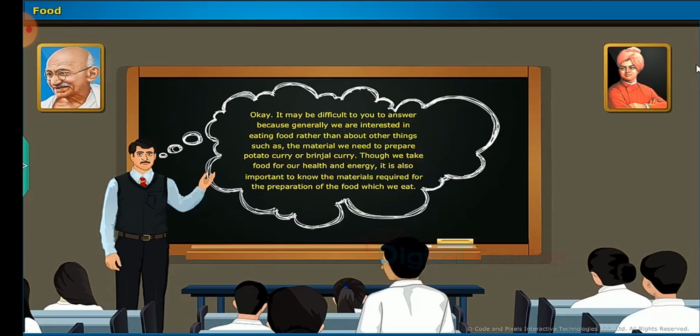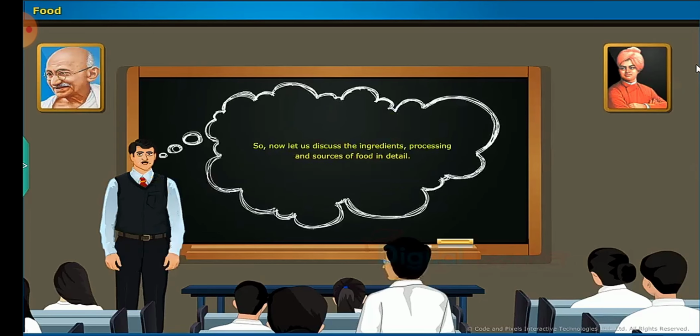Though we take food for our health and energy, it is also important to know the materials required for the preparation of the food which we eat. So, now, let us discuss the ingredients, processing and sources of food in detail.